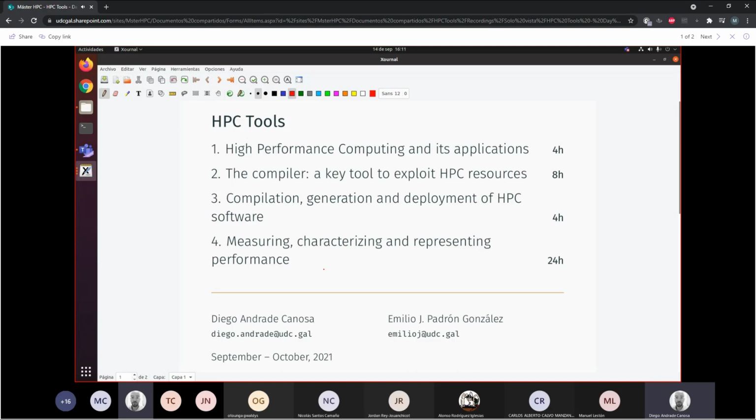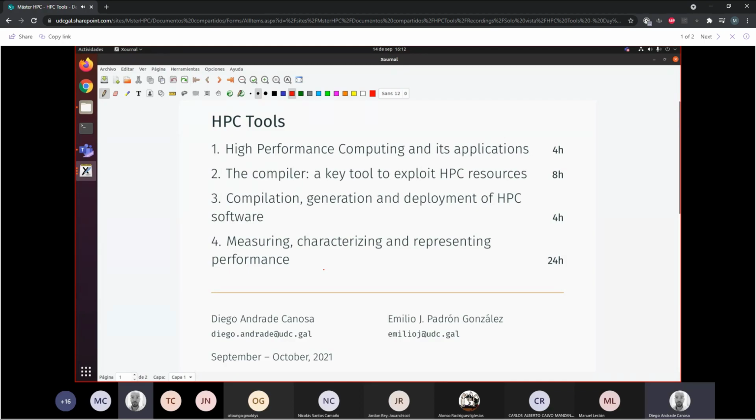Okay, so today we are going to talk about an introduction to the subject, and we are going to cover some basic concepts of high-performance computing, okay? We are going to talk about high-performance architecture and also some basic concepts of performance metrics, like how, for instance, if you want to say how fast is a car, maybe you are going to say that the peak speed is 200 kilometers per hour, or something like that, okay?